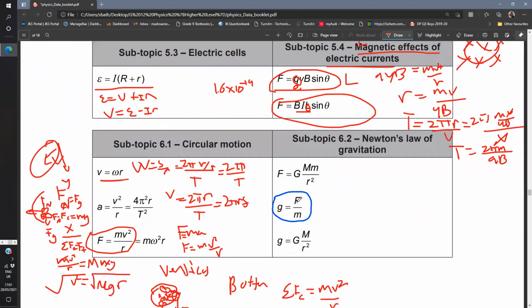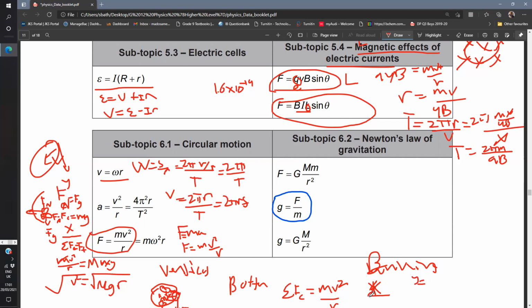Okay, then if we move on to this side, Newton's law of gravitation. So as we discussed, oh sorry, I forgot one more concept. The last concept is banking. So when banking, you have the angles like that, like so. So in terms of y, this is basically a slope.